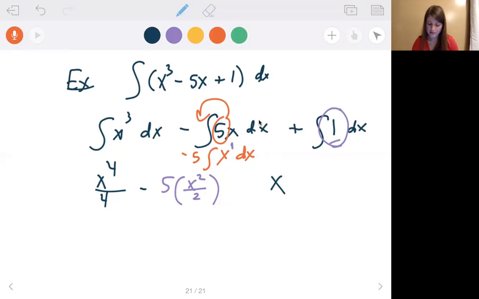Another way to think about this is it's really like x to the 0 when you don't see an x. This x to the 0 is also another way to say 1. So you can think about applying your power rule here, but I like to remember that anytime you're just integrating 1, or let's say if you integrate 2, well, that's 2x plus c. If you integrate 3, 3x plus c. If you integrate 1, 1x plus c.